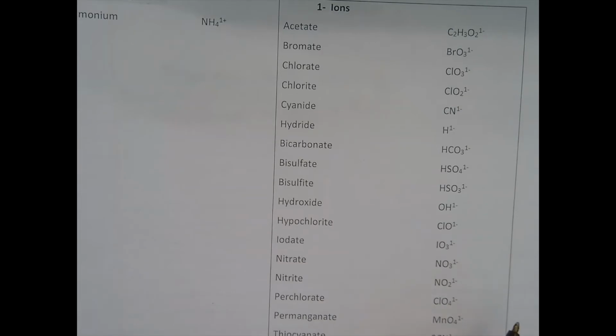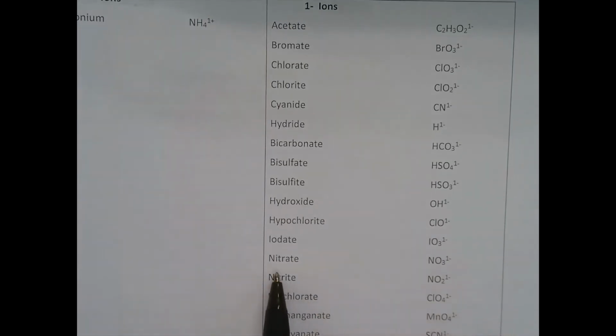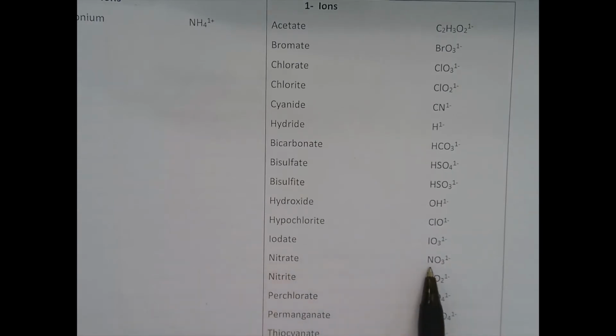Okay, so if I'm looking at the chart, I'm trying to find nitrate. Right here, they're in alphabetical order, nitrate, and I look over and I see NO3, 1-. Now we know we don't normally write the 1, but here the minus sign would be so small it'd be hard to see. So that's why the 1 is here, but really it's NO3-.